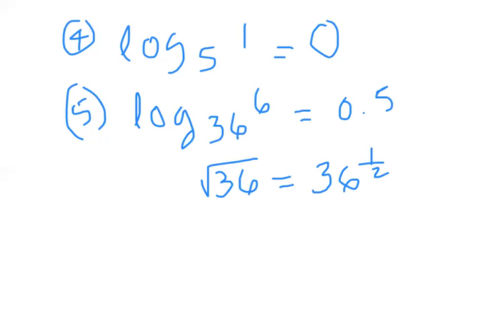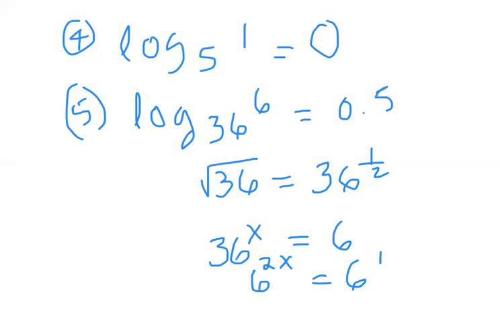Now, additionally, let me work it out for you guys. Remember, we can easily convert these logs to exponential equations. So if we were to convert this one, we would rewrite it like this. 36 raised to the what power gives me 6. If I factor 36 into a base 6 number, this would be 6 to the 2x power equals 6.